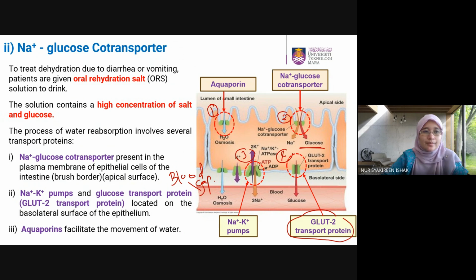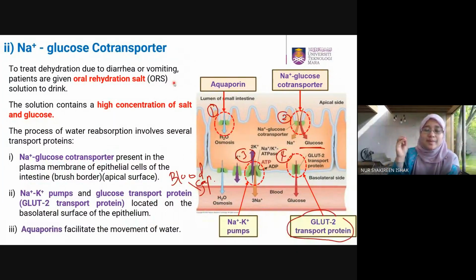Okay. So, the application of this knowledge untuk apa? Kita tengok, to treat dehydration due to diarrhea or vomiting, patients are given oral rehydration salt (ORS). Atau ceret-beret, contohnya lepas makan makanan yang dah basi, ada bacteria.